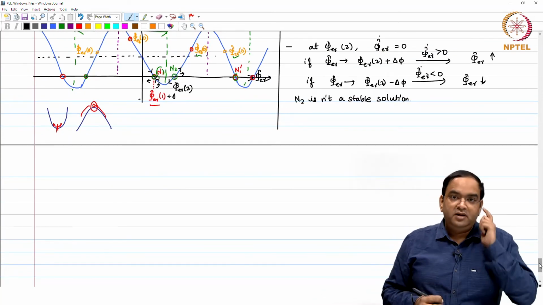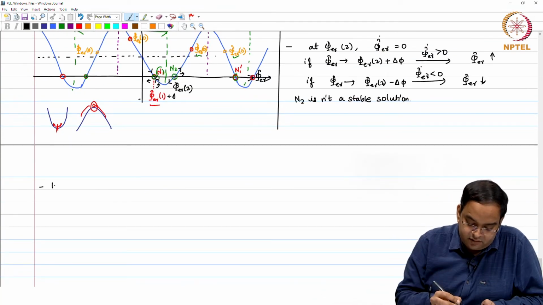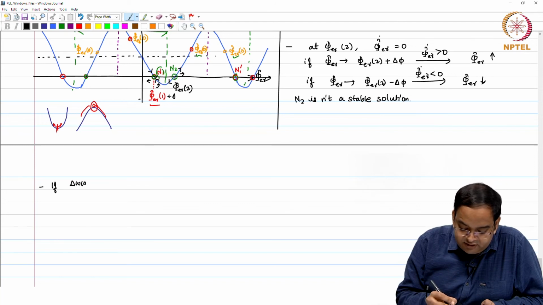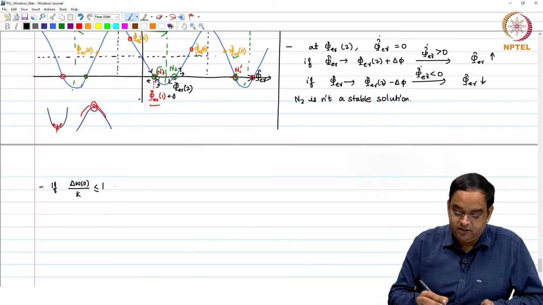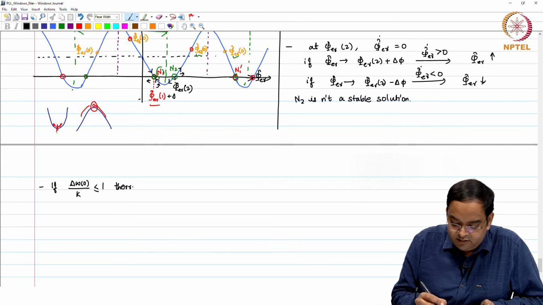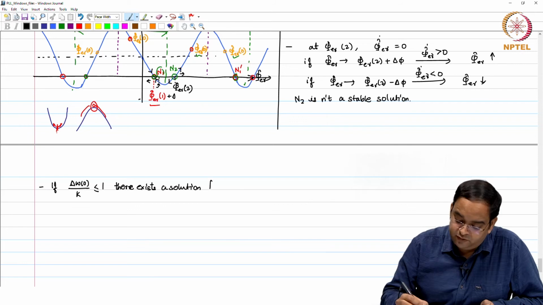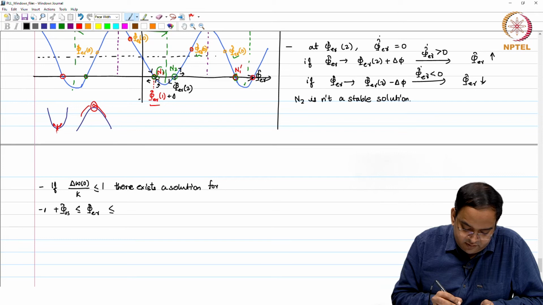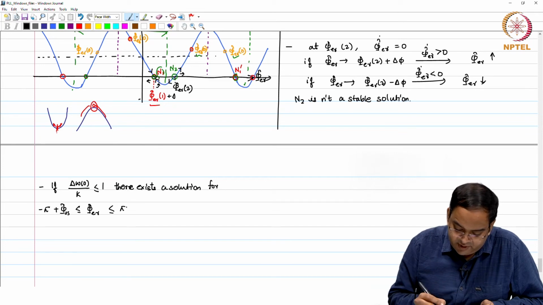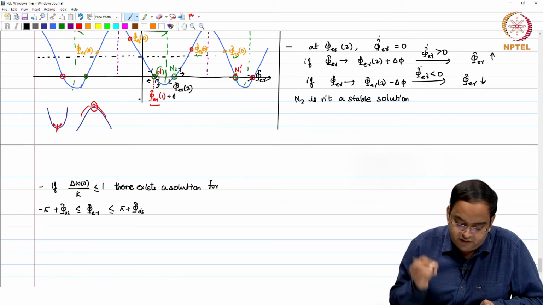What does it mean? It means if delta omega 0 by k is less than or equal to 1, there exists a solution for phase error between minus pi and pi, whatever phi offset you start with.